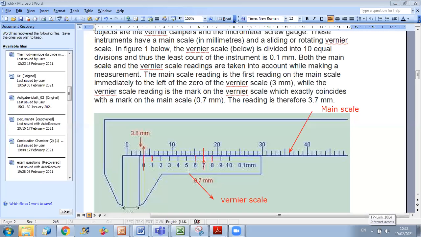Now the Vernier scale can be divided into a very high number of divisions. The higher the number of divisions, the higher the accuracy.